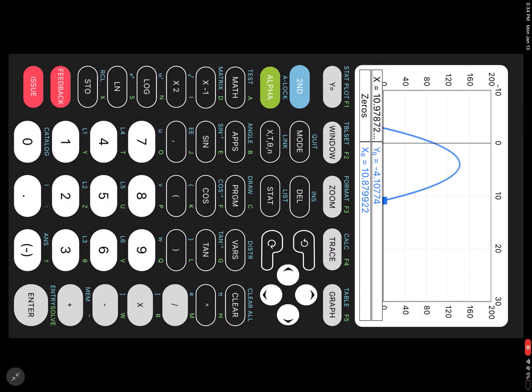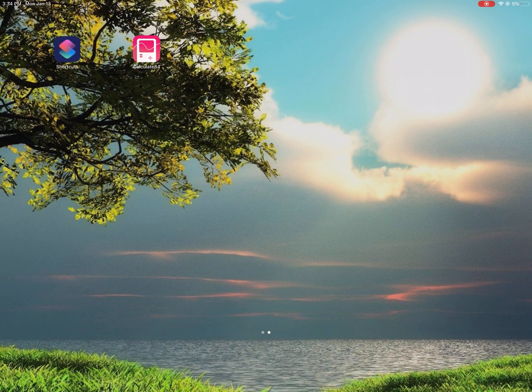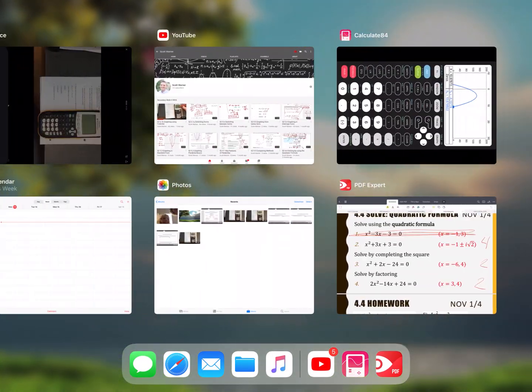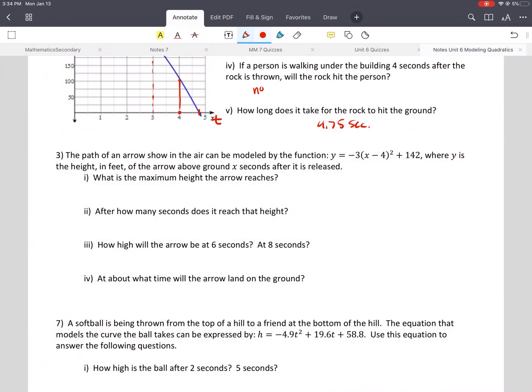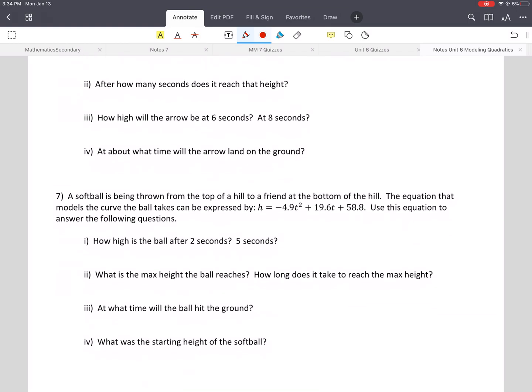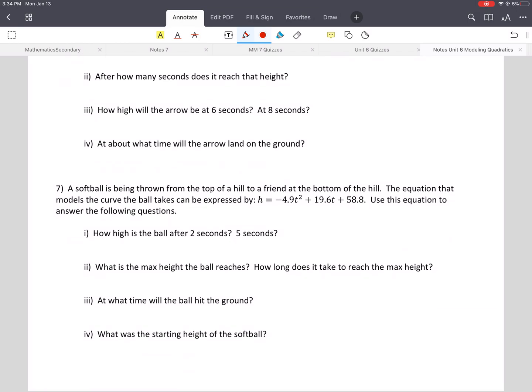Okay, so let's try one more. Hopefully my battery survives. So going back, it says a softball is thrown from the top of a hill to a friend at the bottom of the hill.